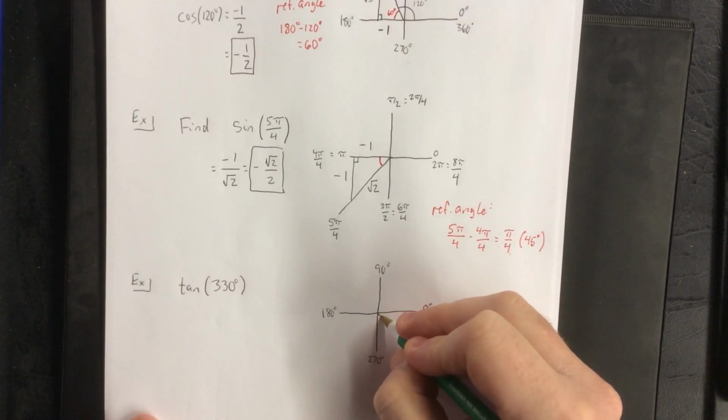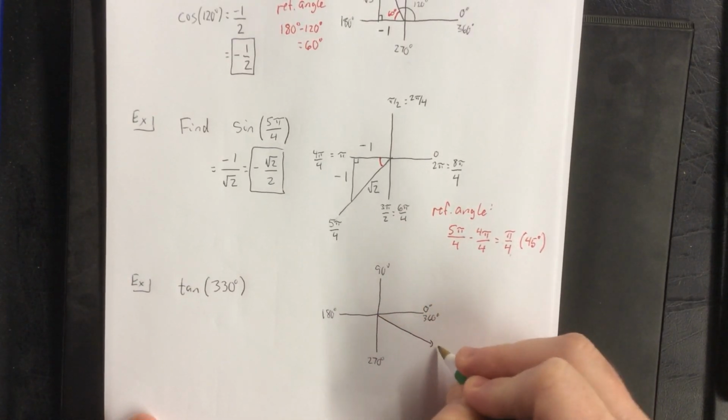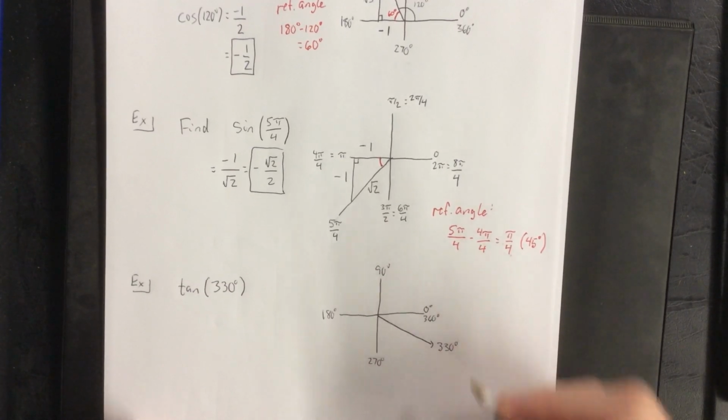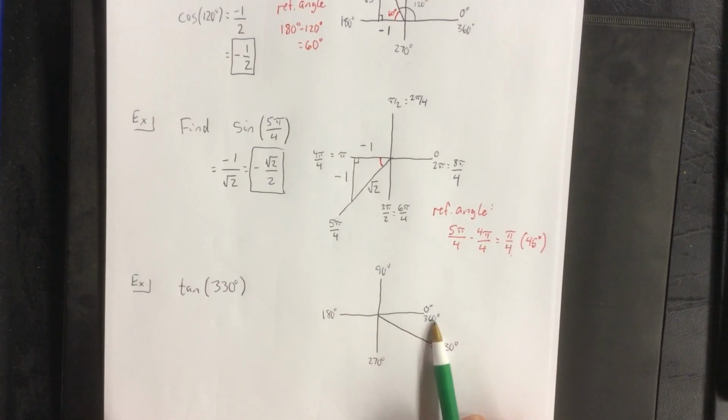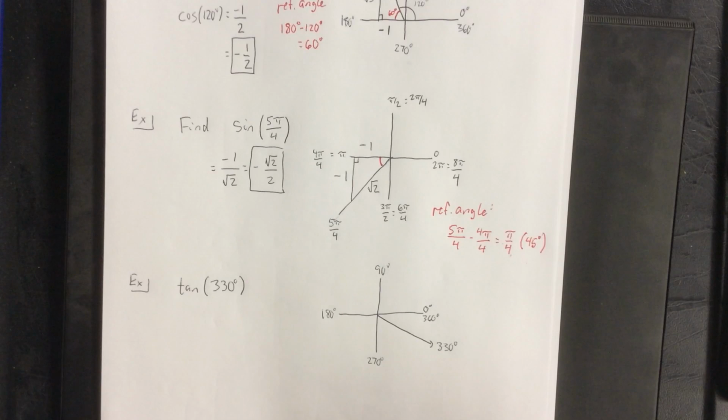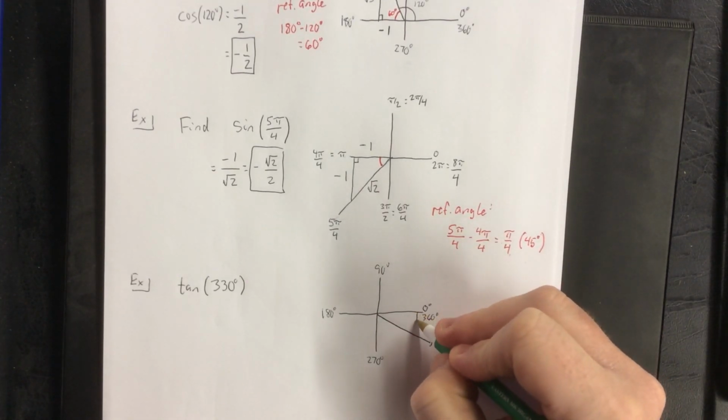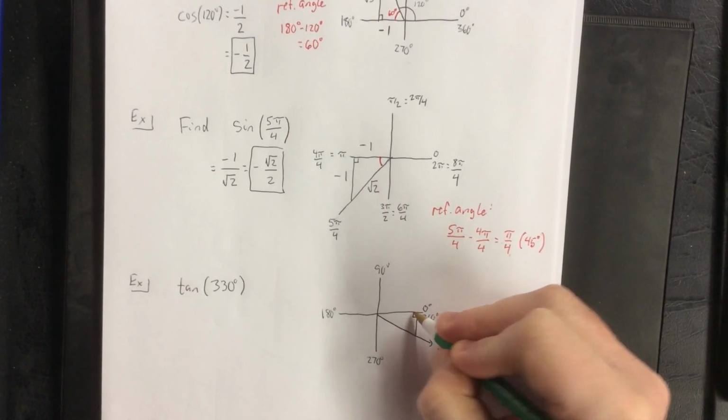That would be in quadrant 4. I'm drawing it so that it's a little closer to 360 than it is to 270 because that is how numbers work. Drawing our reference triangle.